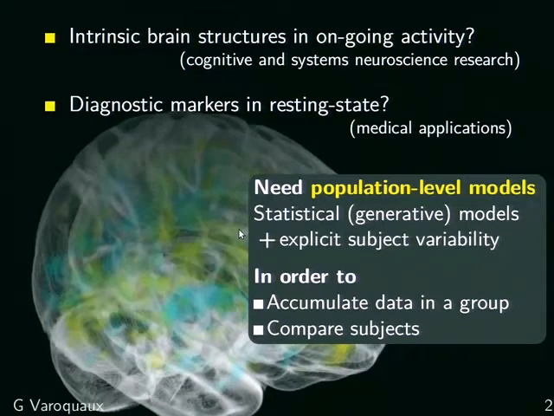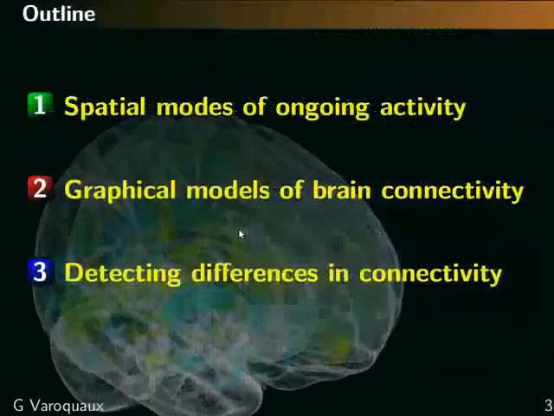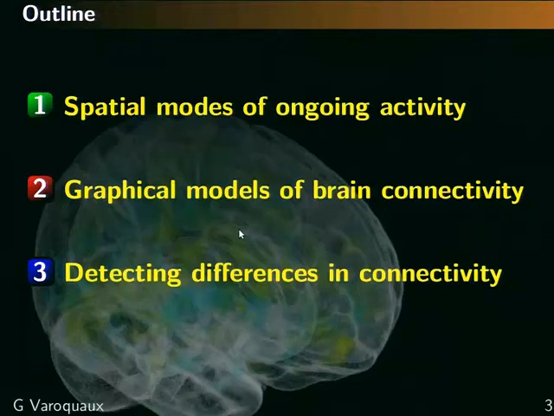By models, I mean models in the statistical sense, so generative models, with an explicit statistical model of subject-to-subject variability. I'm interested in them for two specific reasons. One is that they enable us to accumulate data across subjects. And another very important reason is that they tell us how we can compare subjects.